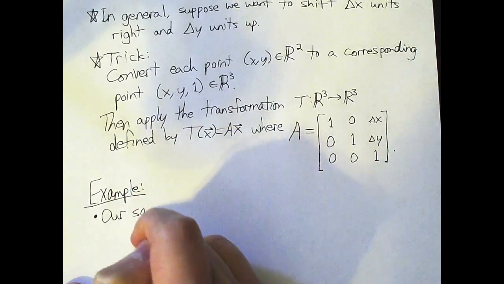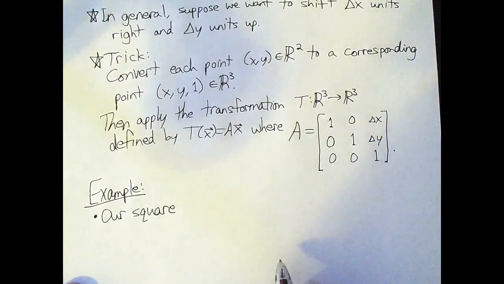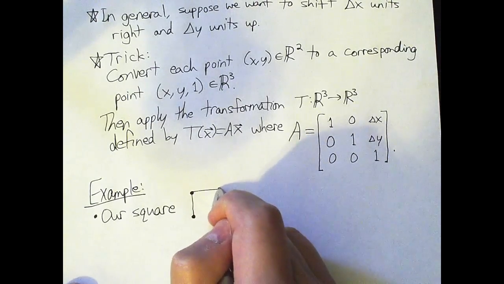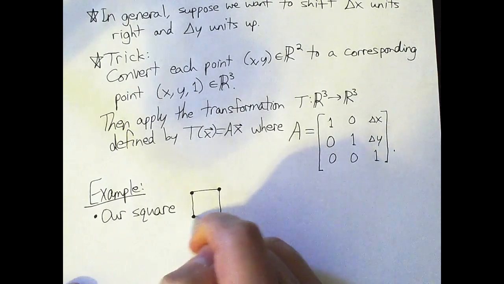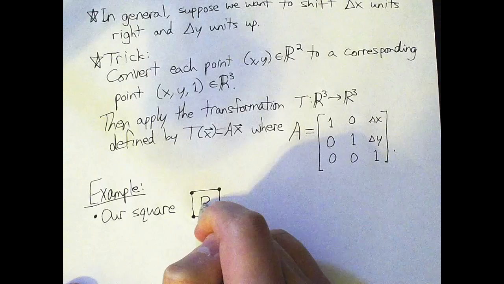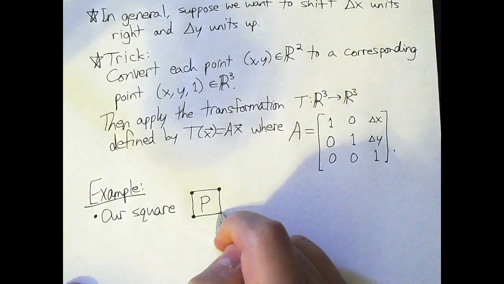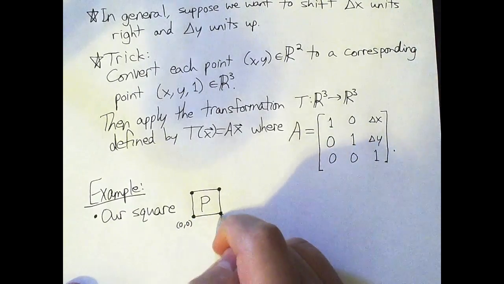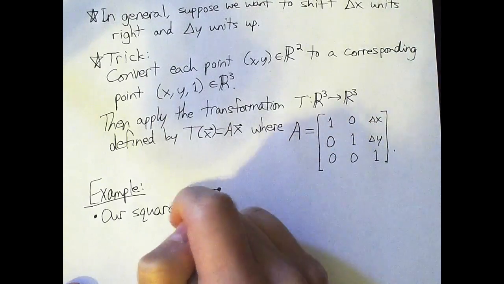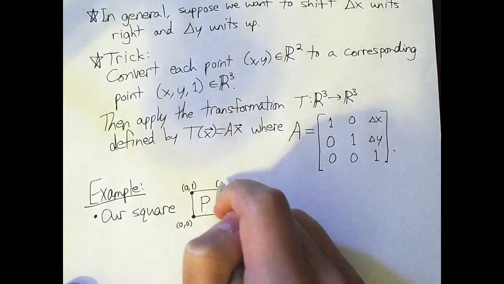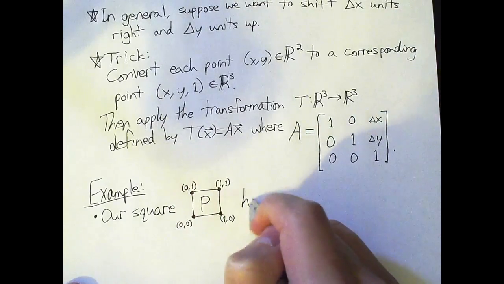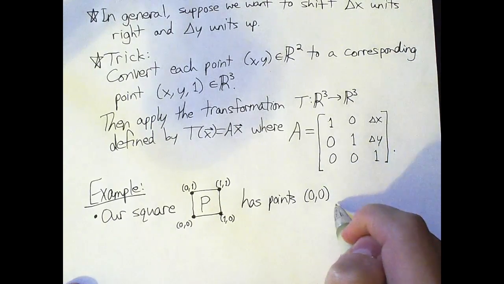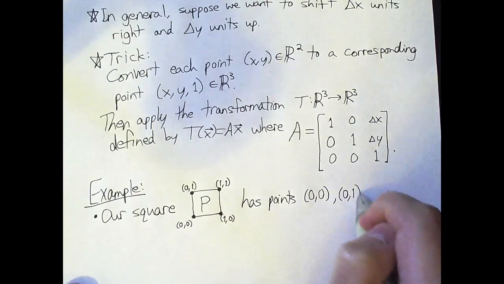Our square that we drew just a few minutes ago earlier has these corners, right? The letter P written in it. Let's say the corners of this are 0, 0, 1, 0, 0, 1, 1, 1. It has these points that we could think about wanting to shift to the right.